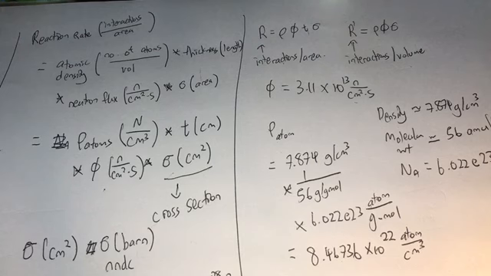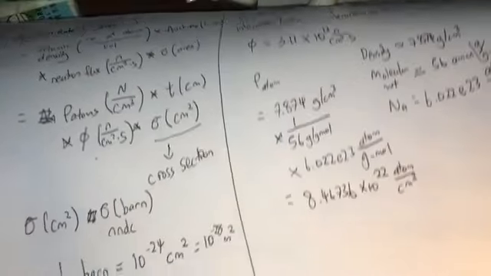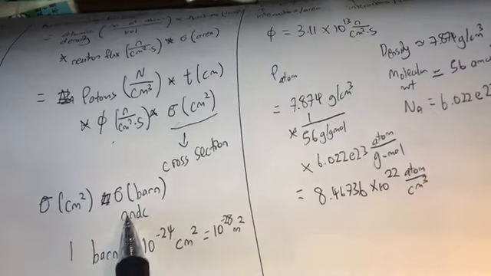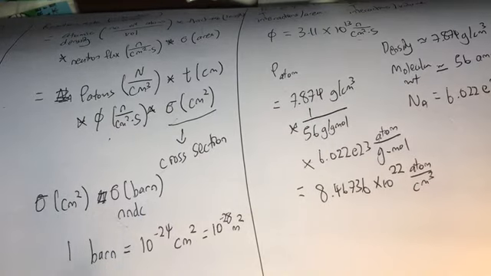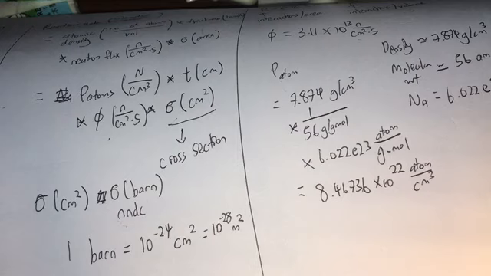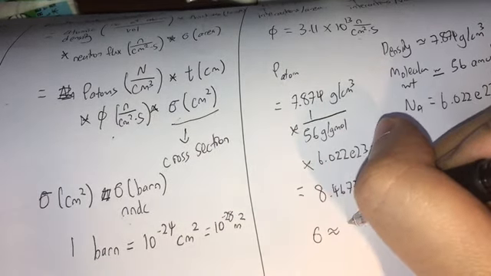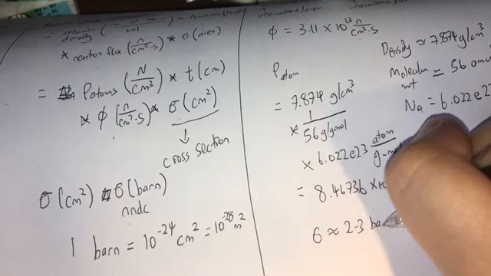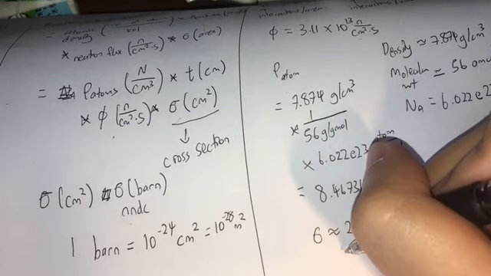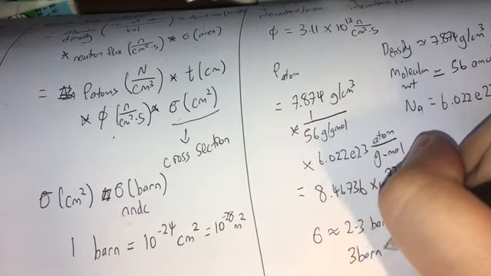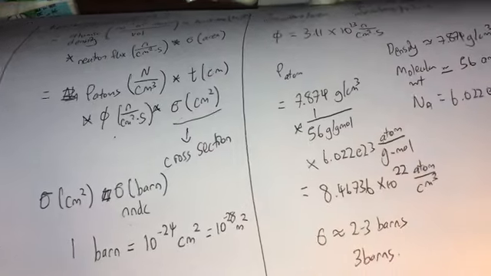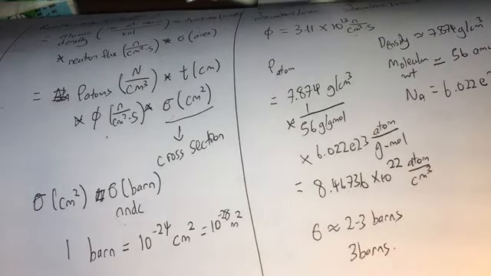I can show you in another video how to extract this cross-section data from NNDC, the National Nuclear Data Center. For now, just take it from me that sigma is about 2 to 3 barns. We'll take about 3 barns, because the graph is pretty hard to read, so we just estimate.